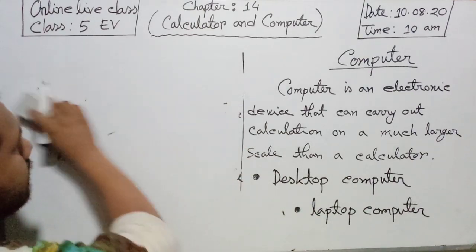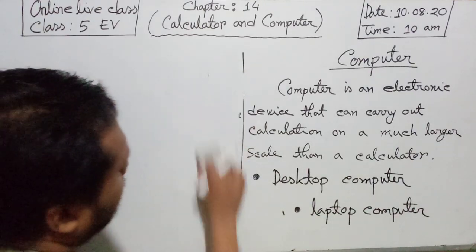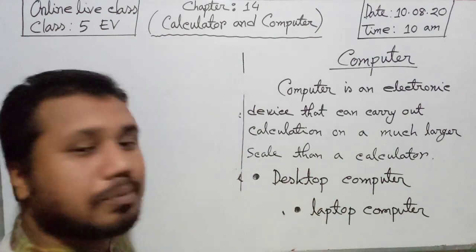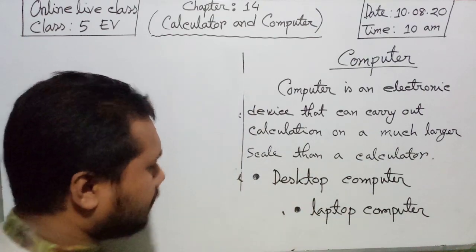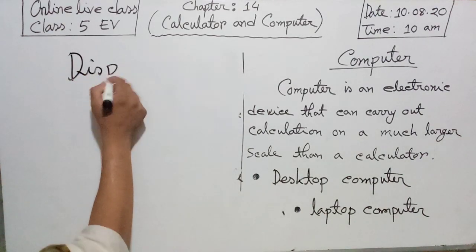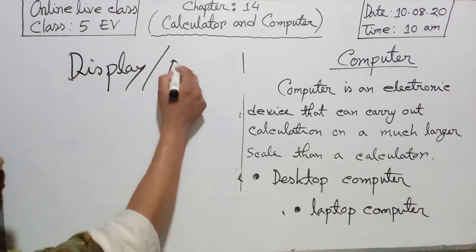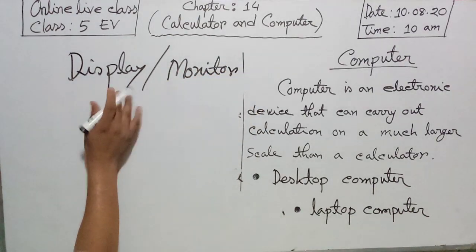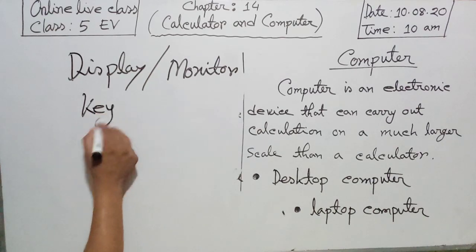Now dear students, about the computer. Now look, first desktop and laptop. For desktop and laptop, we can say there is a display, or you can say this is the monitor. Another one, the keyboard, very good.